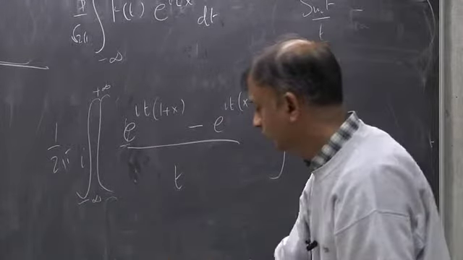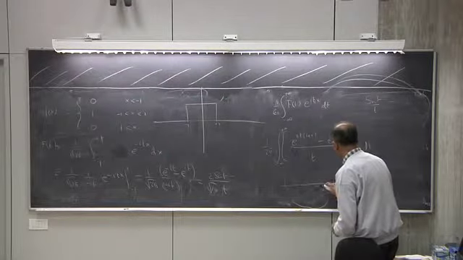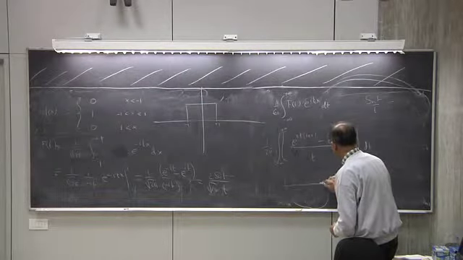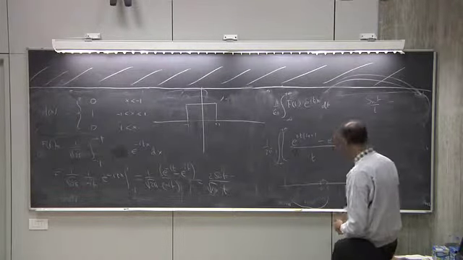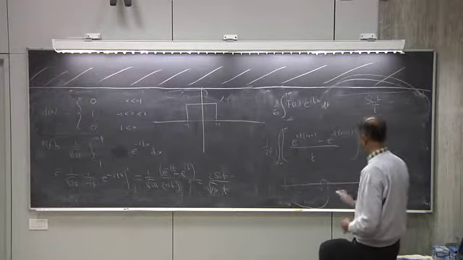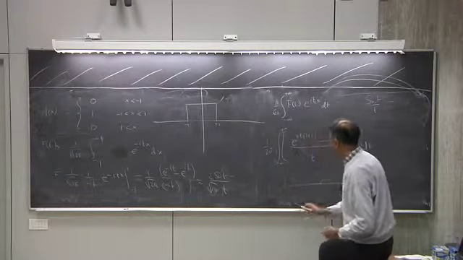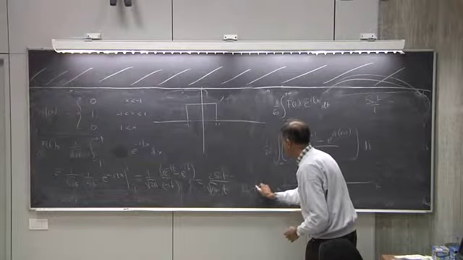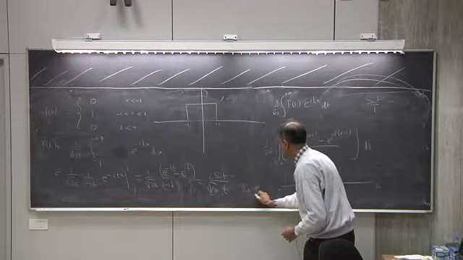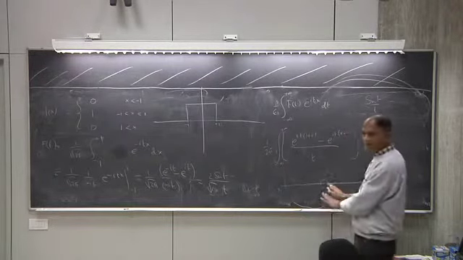So what we did was we took this around 0. We put a cutoff here, some epsilon to minus epsilon, and there we put some cutoff r to minus r, and then we took the limit r goes to infinity and epsilon goes to 0. But at the intermediate step we did that.